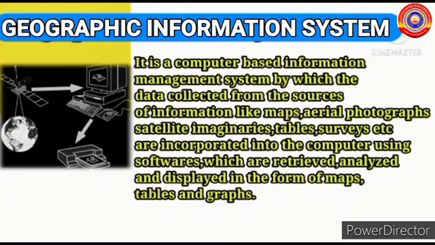Geographic information system is a computer-based information management system by which the data collected from the sources of information like maps, aerial photographs, satellite imaginaries, tables, surveys, etc. are incorporated into the computer using softwares which are retrieved, analyzed, and displayed in the form of maps, tables, and graphs.